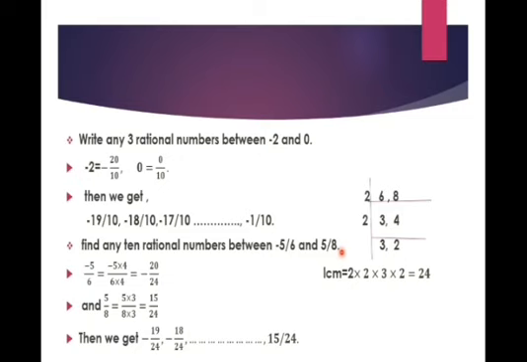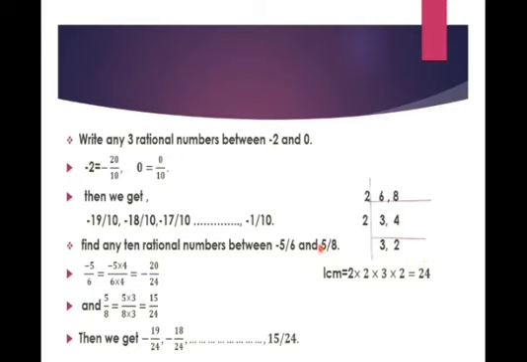Consider the least prime number 2. 6 has 2 one time, 8 has 2 three times. Taking the prime factors, we get the LCM of 6 and 8: 2 into 2 is 4, 4 into 3 is 12, 12 into 2 is 24. We get the LCM of 6 and 8 as 24.